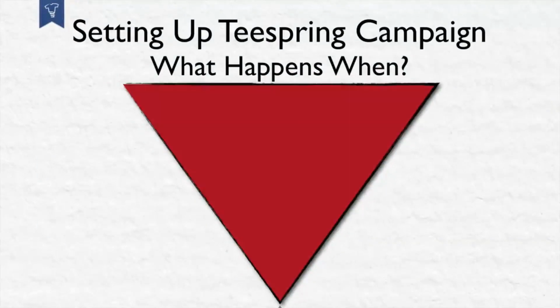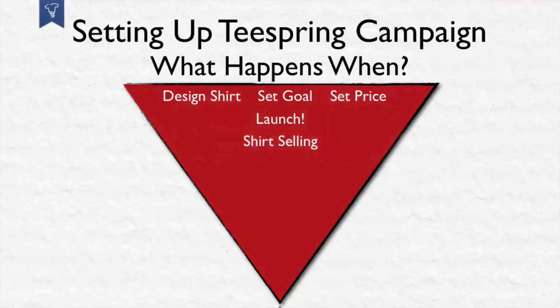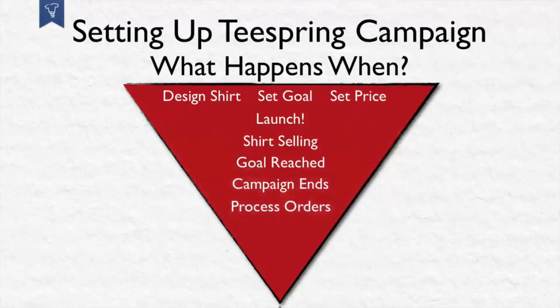So what happens when in all this process? This is a crowdsourced process, so certain things have a flow to it. You design your shirt, you set your goal, and you set your price. Once that's all done, and we'll get to how in just a second, then is the launch. Then you have 7 days, maybe 21 days, whatever you set your shirt to be selling for.